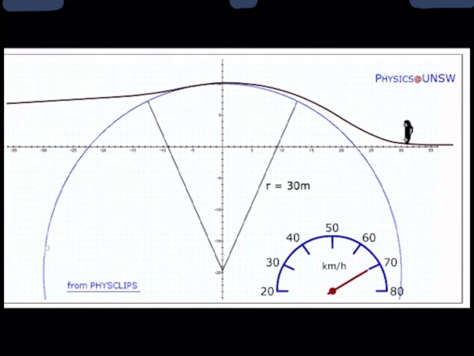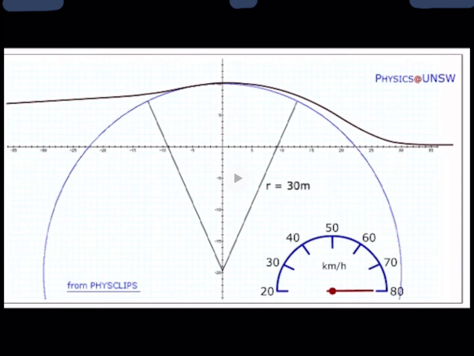As soon as you get to 70 or 80 kilometers per hour, you can see that the car is leaving the track. Look at this animation again. Here 60 meters per second is okay, but as soon as you increase the speed to 70 or of course more than 70, the car will not be on the track and it will leave the track.